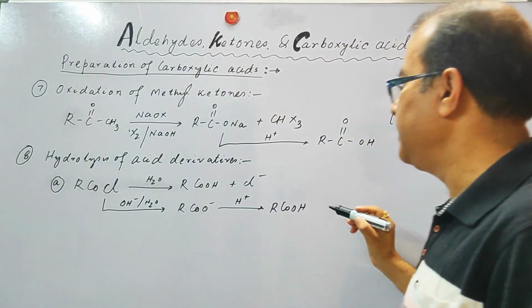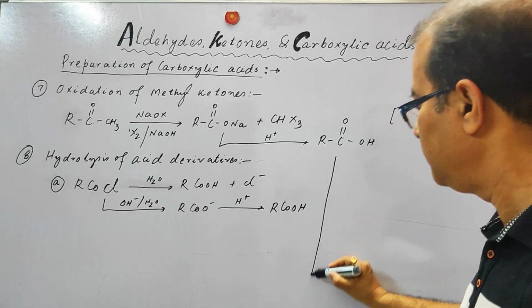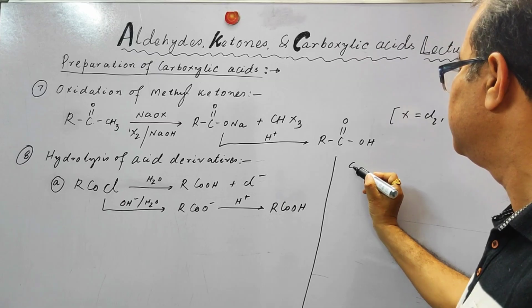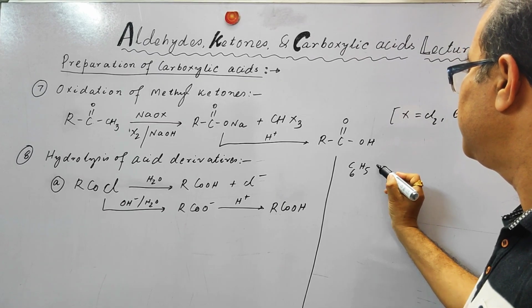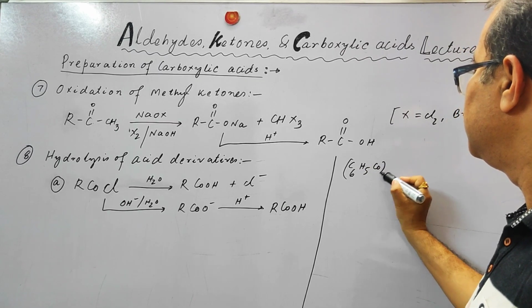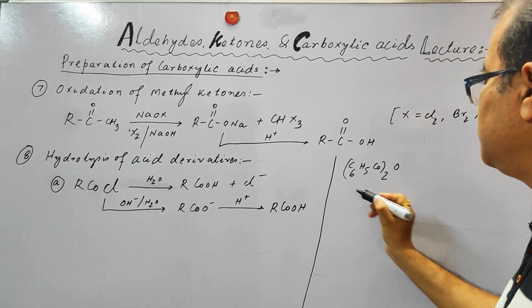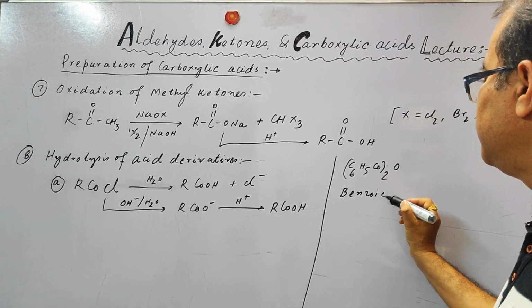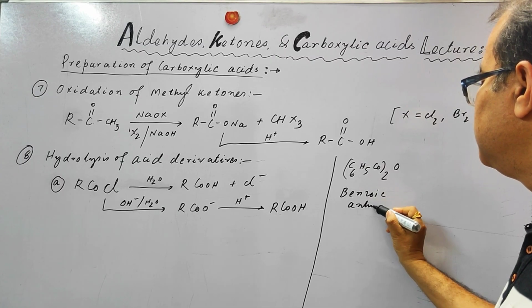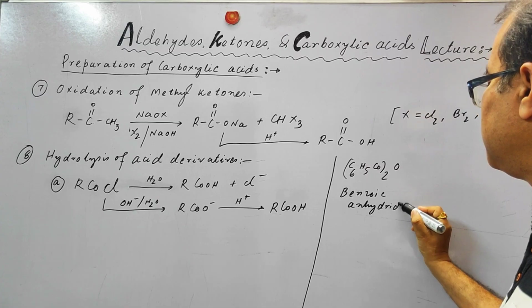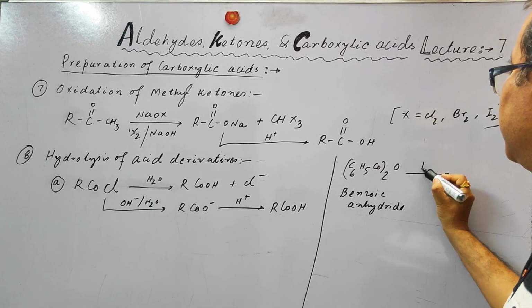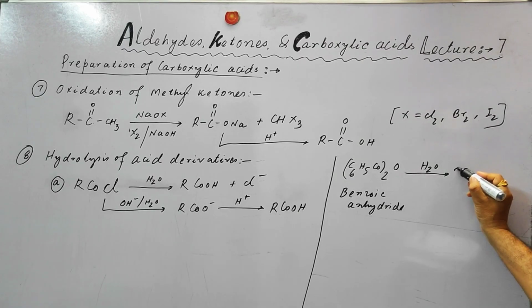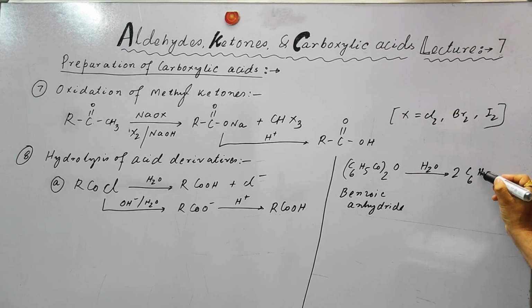In case of acid anhydride, suppose this C6H5, this is benzoic anhydride. When it is treated with H2O, it is going to produce benzoic acid.